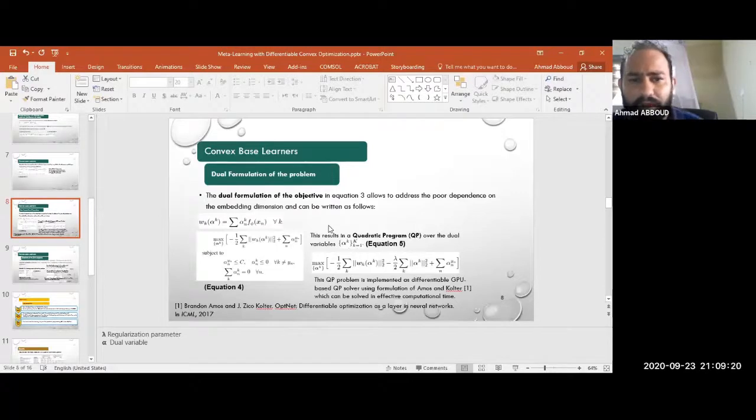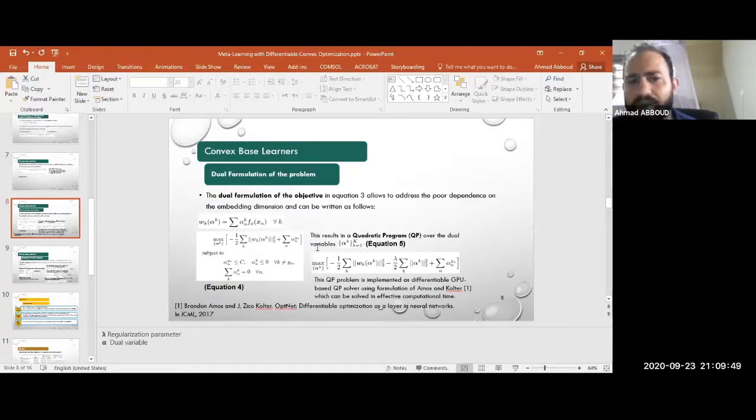They take advantage of two points from the convex-based learner. Because they use a convex-based learner, they can efficiently compute the optimum point, since we can make a dual formulation of the problem, which makes it easier to calculate.